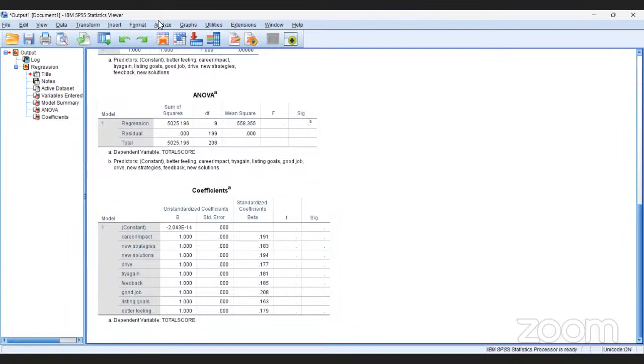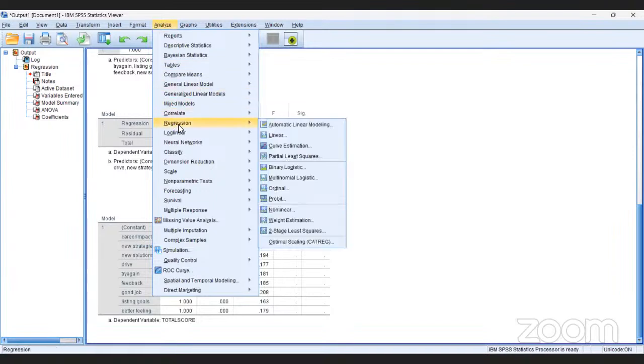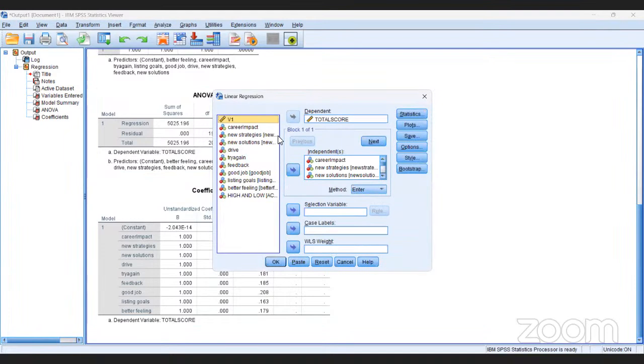Therefore, it is better to do Regression, Linear, where the method is Enter. Instead of Enter, I am choosing Stepwise. That is better.